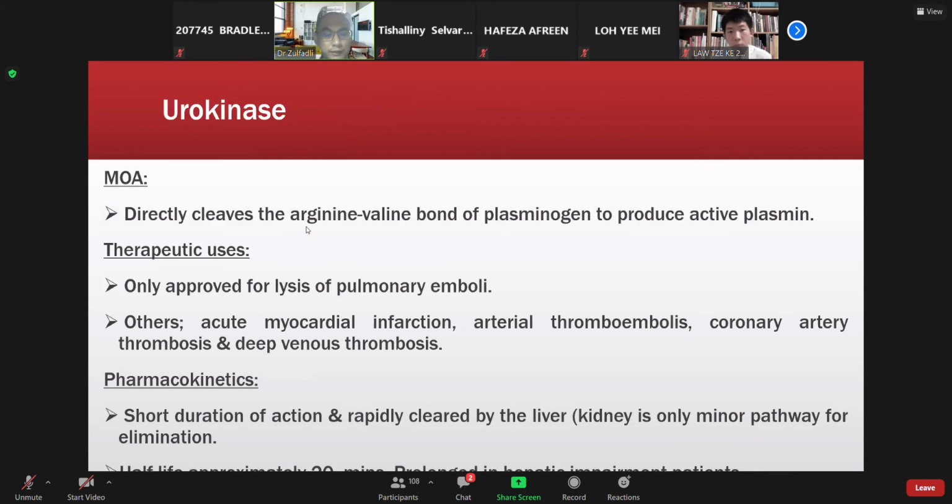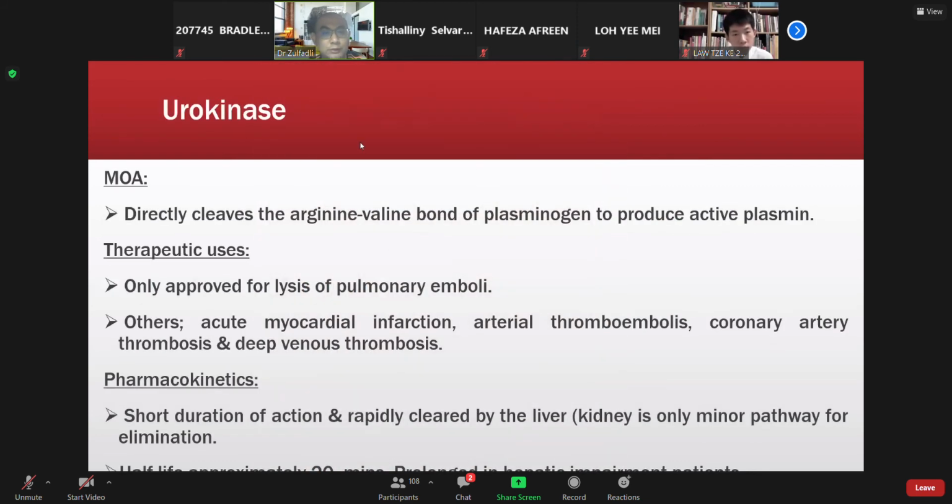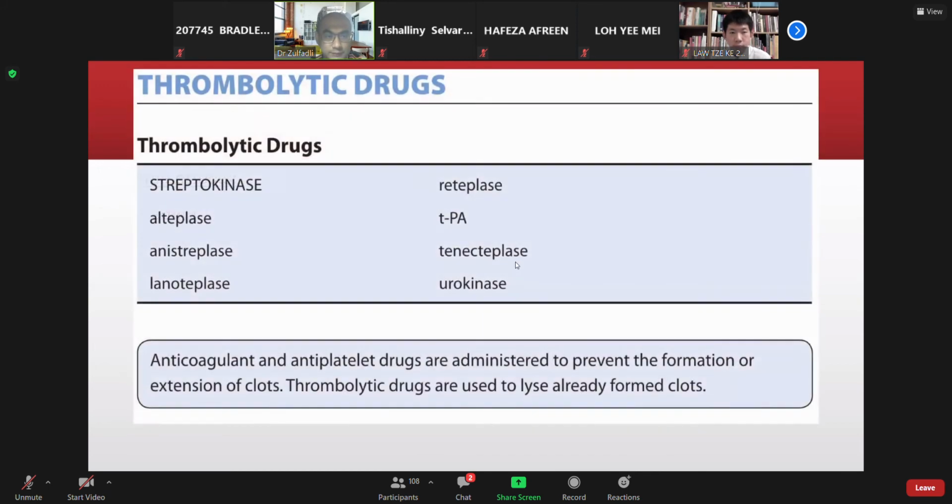So this one is different. Before this, streptokinase binds to the plasminogen, whereas urokinase directly cleaves the arginine-valine bond of the plasminogen to produce the active plasmin. That's the different mechanism of action of urokinase, streptokinase, and also alteplase.